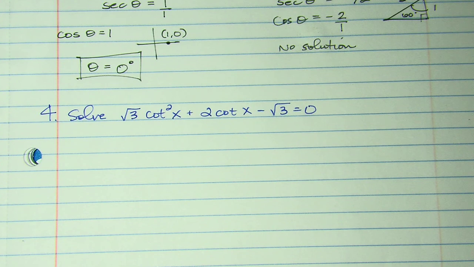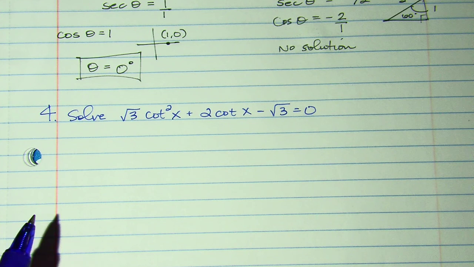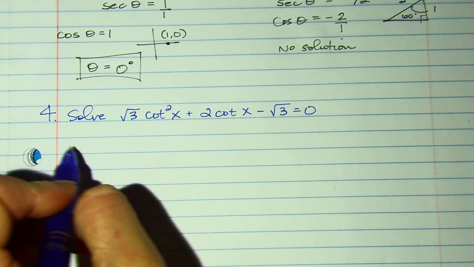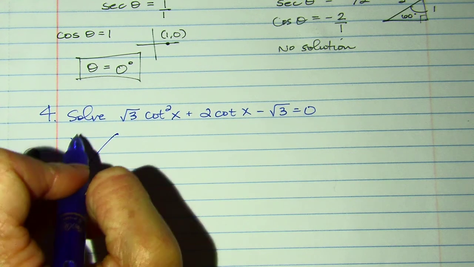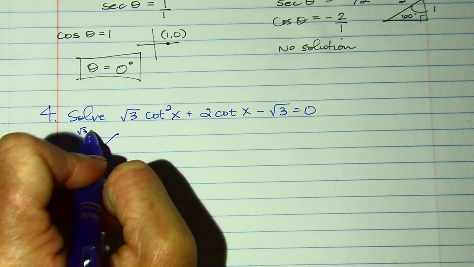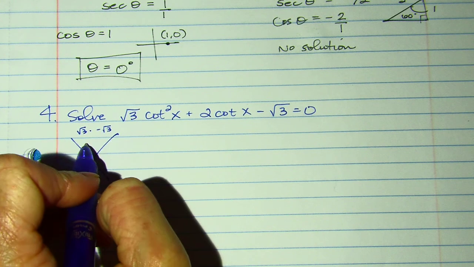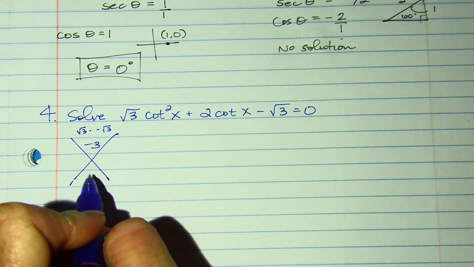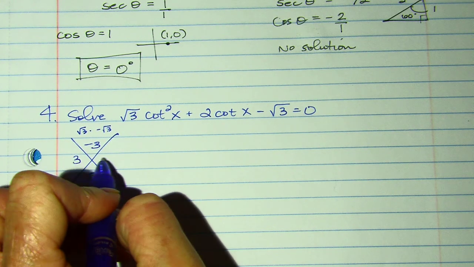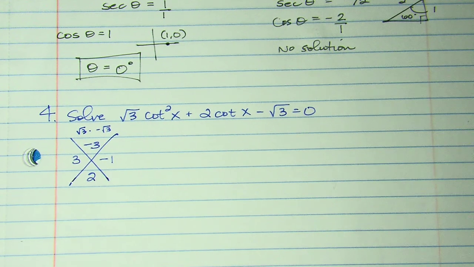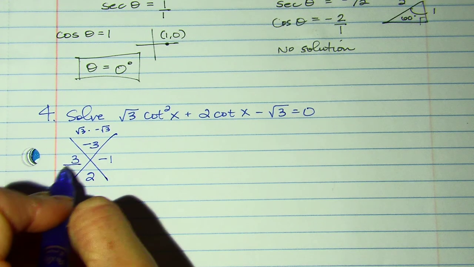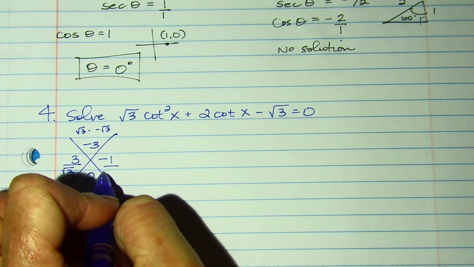So I don't have to look at the properties because I already have cotangent all the way across. And it's all on one side. So I get to just go straight into factoring. The top should be root 3 times negative root 3, which would give me negative 3. The middle is a 2, so that would give me 3 and negative 1. But then I would have to divide by the root 3.